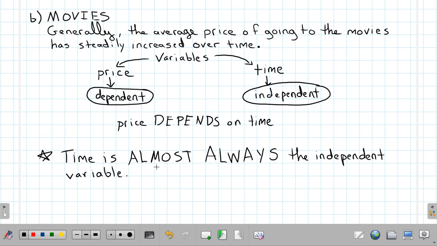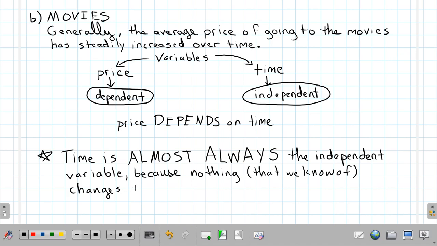Okay? And this is because nothing that we know of changes time. Time doesn't depend on anything, okay?